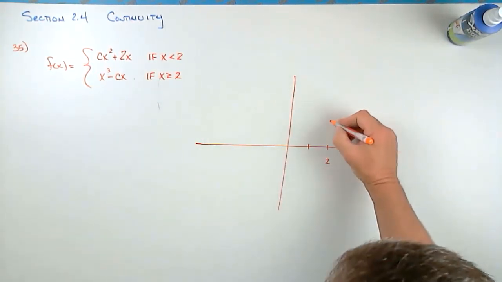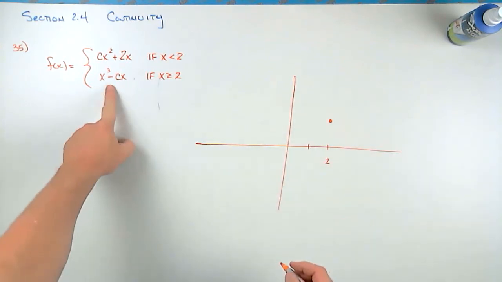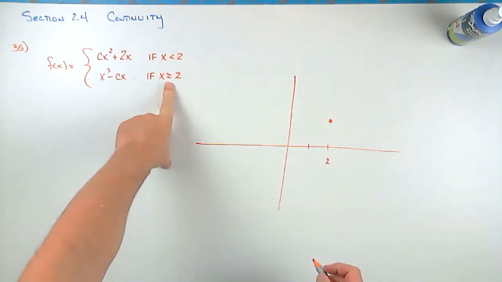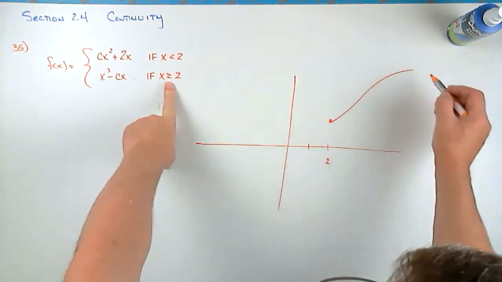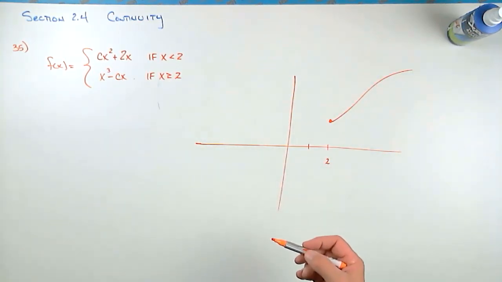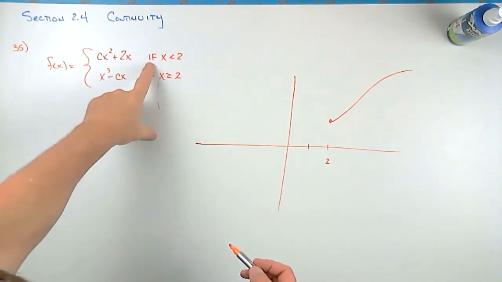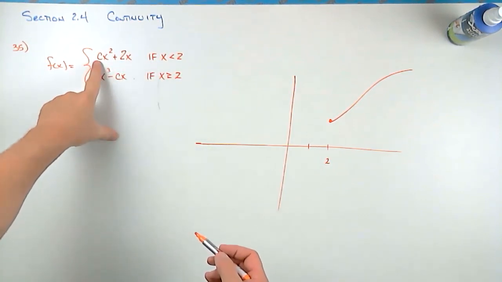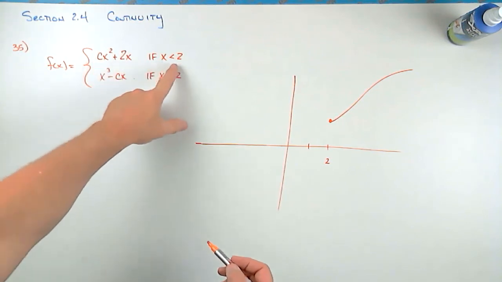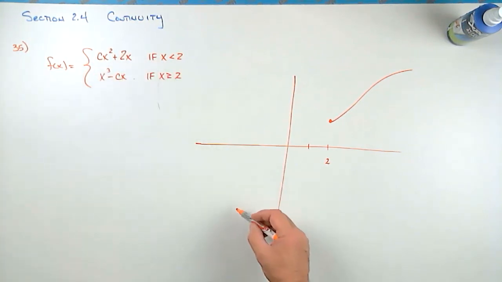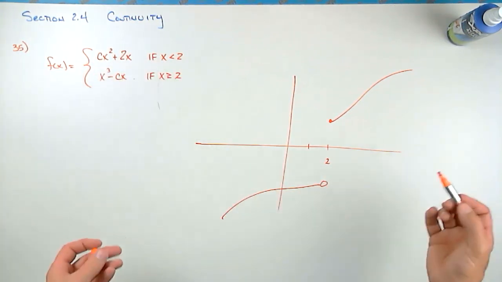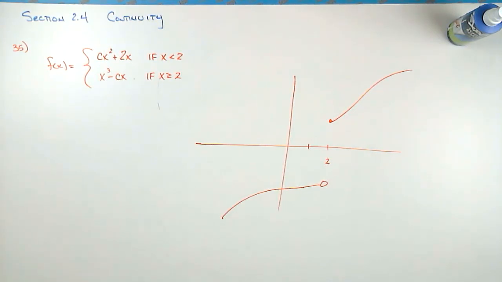That's a polynomial. It's also valid when x is greater than 2. So it's a polynomial, so it's defined everywhere. What about if x is less than 2? Well, that's a polynomial. So it's defined for everybody less than 2. Now, our big worry is, what happens if it does this? Well, then it's not continuous.